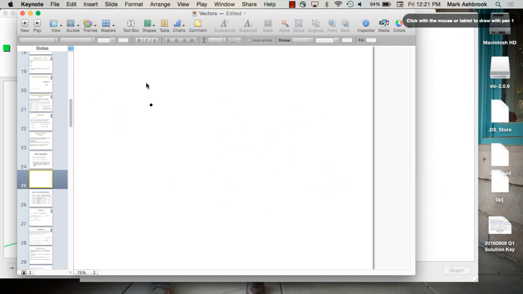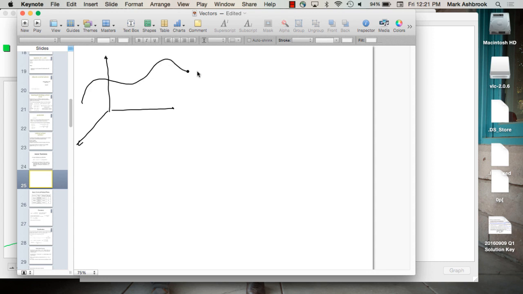So if we have a space curve like this, imagine that's not just in the plane of the screen or the page, but that's actually going through space, right? That's actually changing in all 3 dimensions, x, y, and z.